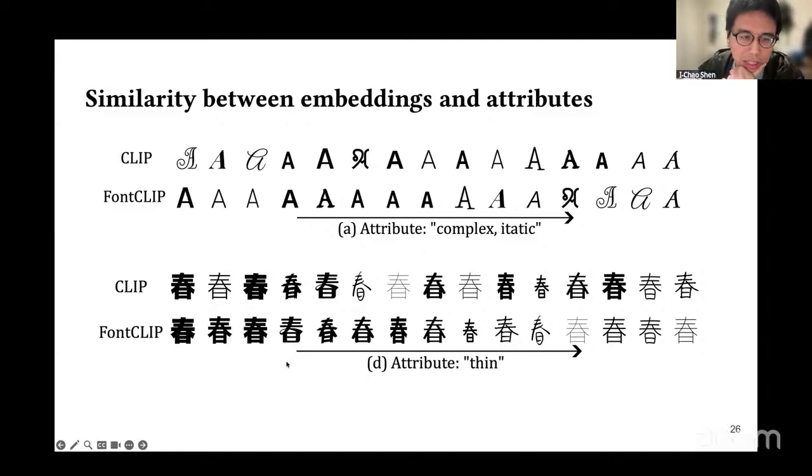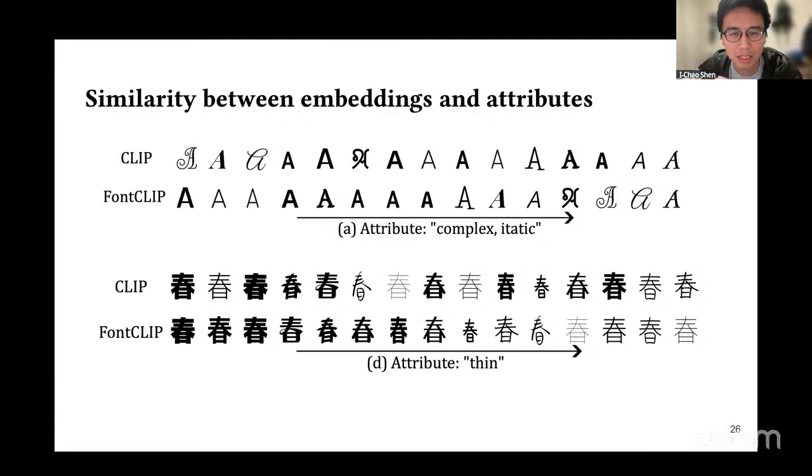And in this Chinese character, it also learns these thin features. This is the most surprising part, because the font attribute training data only contains Roman characters.